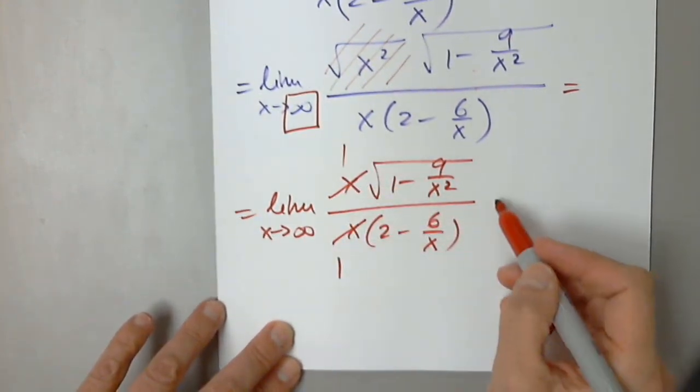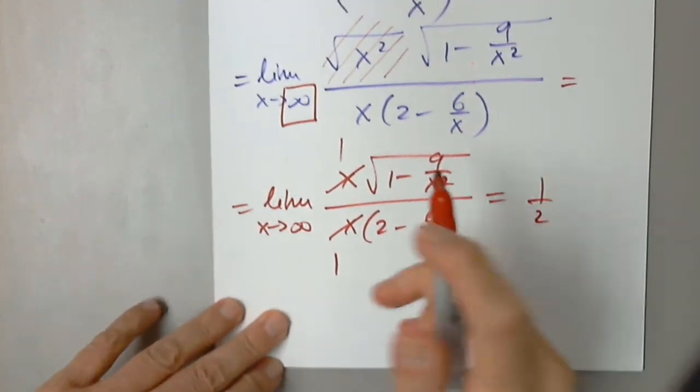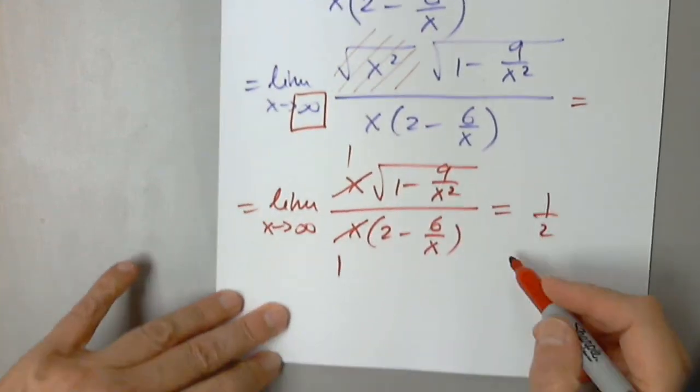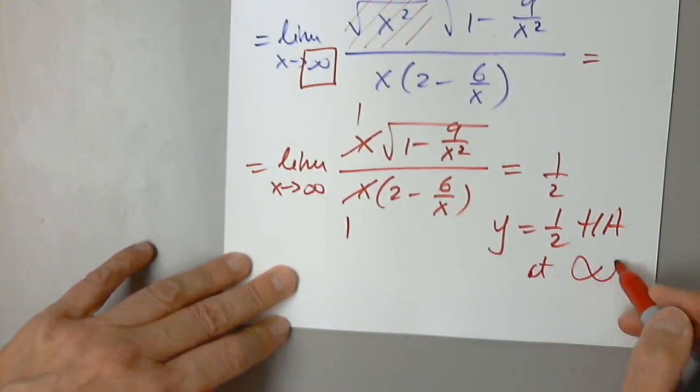And I do cancel these. Now I'm ready to drop the limit operator because it's final. The numerator goes to 1, and the denominator goes to 2. So the limit is 1/2. This was at infinity. Therefore, y equals 1/2 is the horizontal asymptote at infinity.